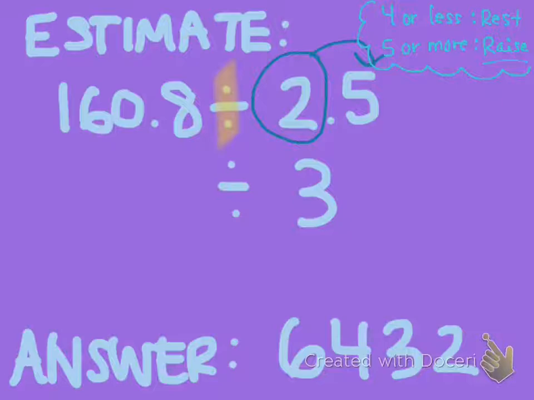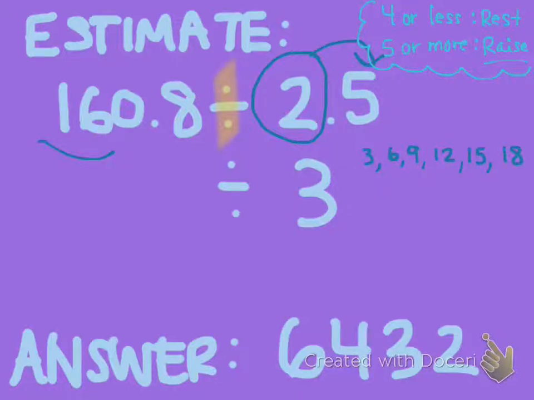Now that we've rounded the divisor, we're going to look back at the first number, 160, and we're not going to truly round it. We're more like going to round it to the nearest multiple of 3. So let's think of the multiples of 3. We have 3, 6, 9, 12, and so on.